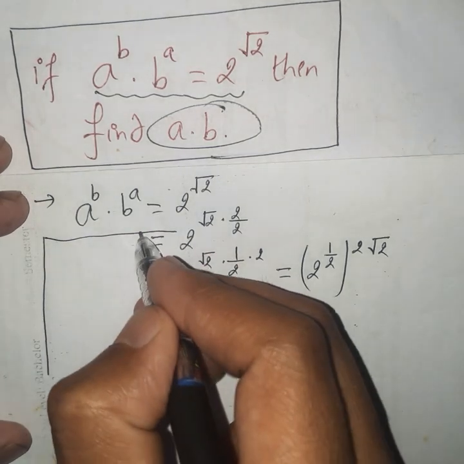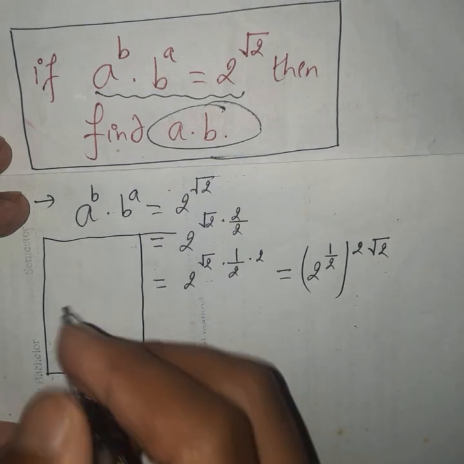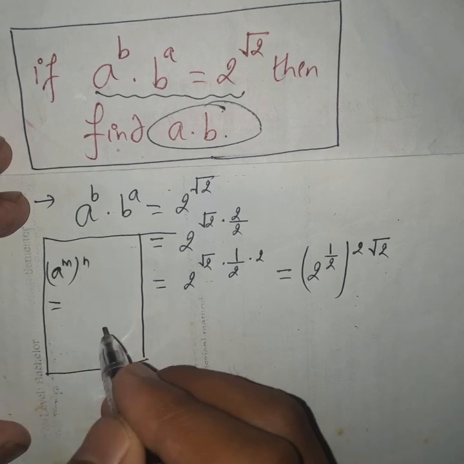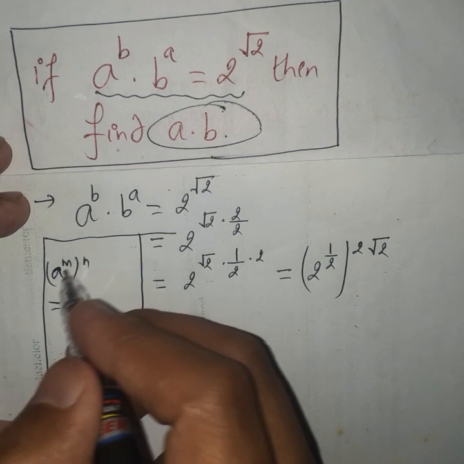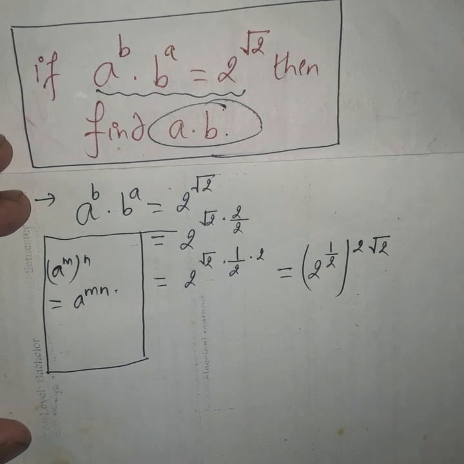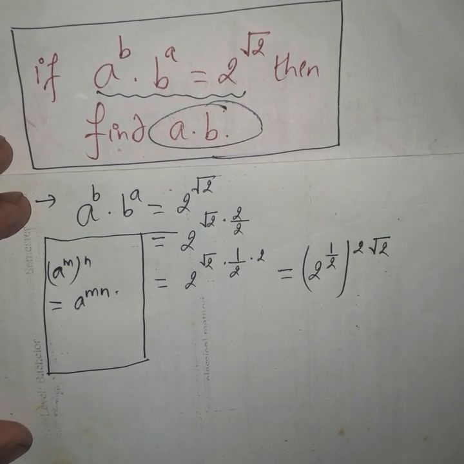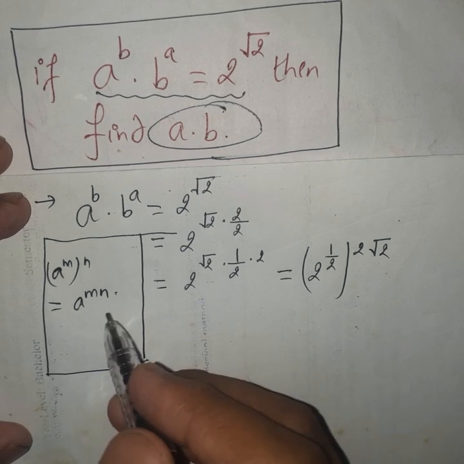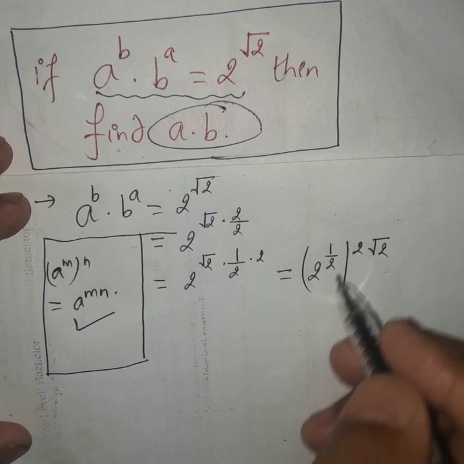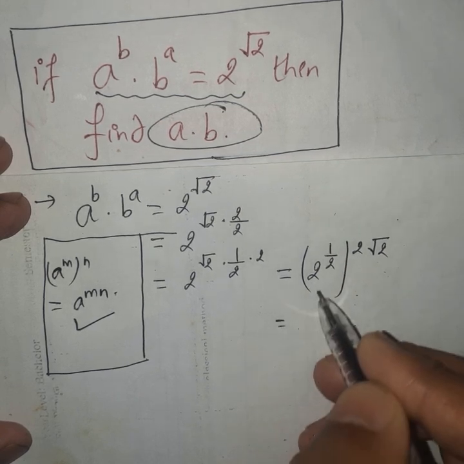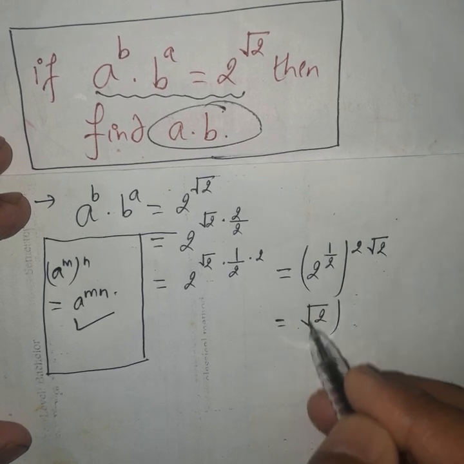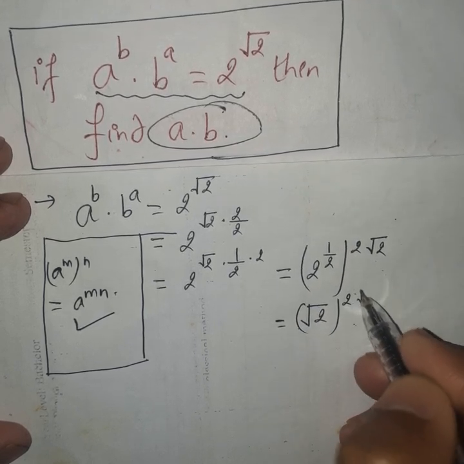By the laws of the indices, if a raised to the power m, all raised to the power n, this is the same as a raised to the power of mn. This is the power to power law of the indices. Here we use this concept in this expression, and this can be further written as 2 raised to the power of 1 over 2, which is just square root of 2, raised to the power 2 square root of 2.